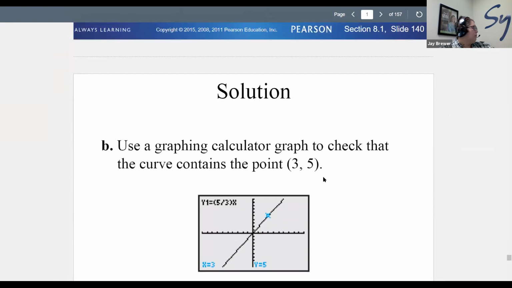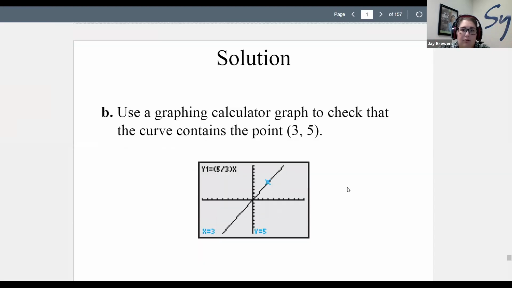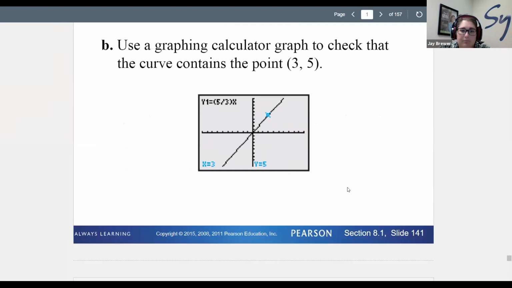You could use Desmos, a regular calculator, anything else. Since it's a linear equation, you could graph it by hand, and you're looking for the point (3, 5). If that point lies on this line, then you know you did the problem right.